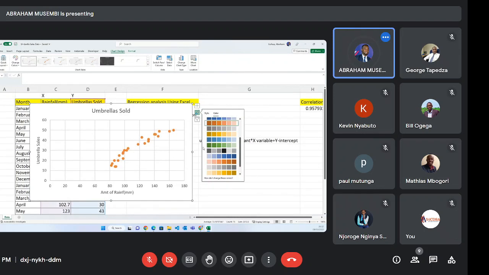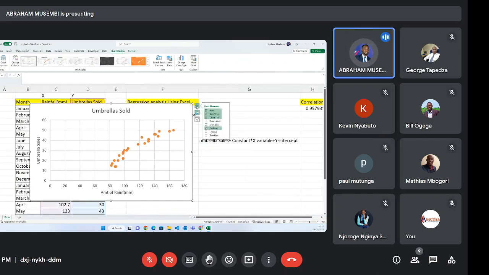Then after that we want to make a linear trendline, or a line of best fit. To do so, just click on the plus sign here, then go to trendline.